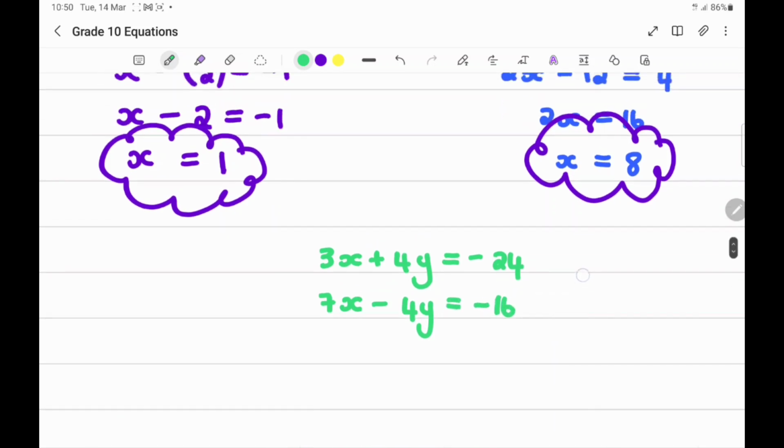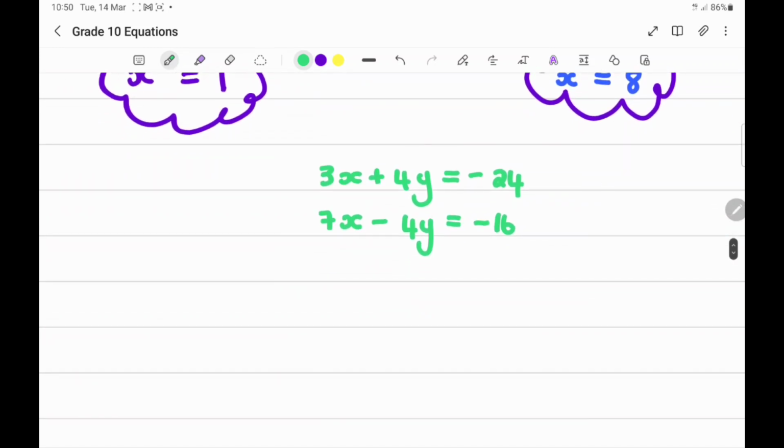Okay, so if I have a look at this, I would have to use plan B, as I can't get x or y alone. So now, can you see that these two are exactly the same? It's got a 4y and a 4y. So the only thing I need to figure out is if I need to plus to make them fall away, or do I need to minus to make them fall away?